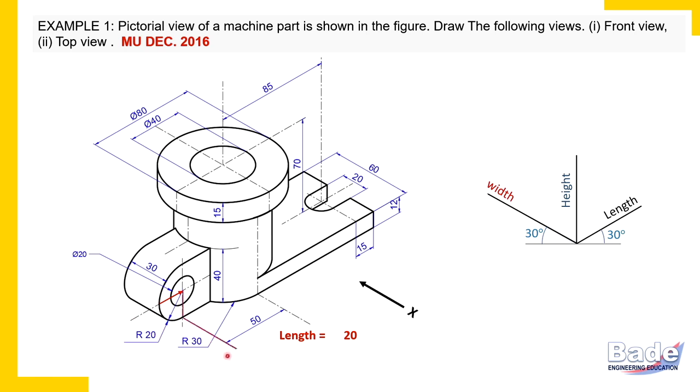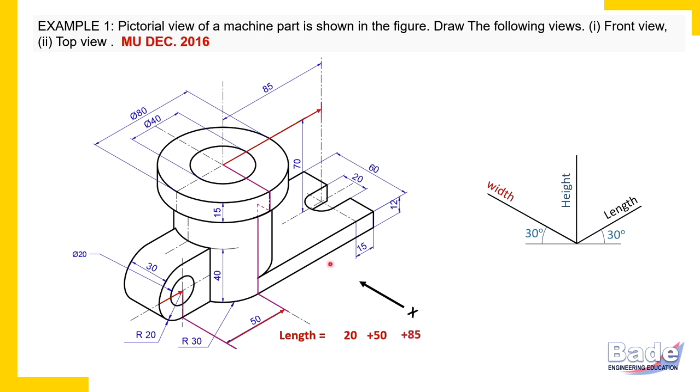Now from this point 50 millimeter, that is dimension given parallel to length. This distance is up to the center of the cylindrical disc here. From this point onwards, it is 85 millimeters. So 20 plus 50 plus this 85. But this 85 millimeter distance is given up to center of this small curved edge.